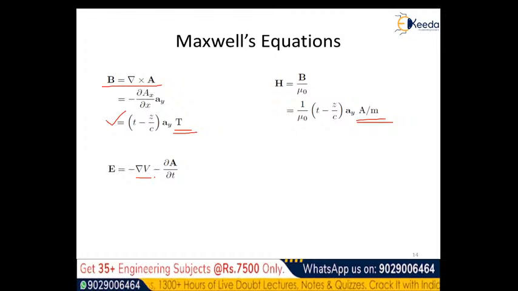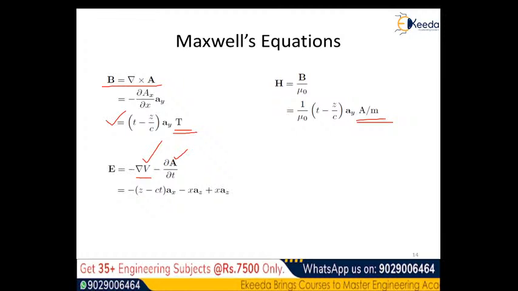We have the expression for V and for capital A. Substituting here and finding the derivatives, capital E will be equal to minus of (z minus ct) multiplied by a_x minus x into a_z added by x into a_z.